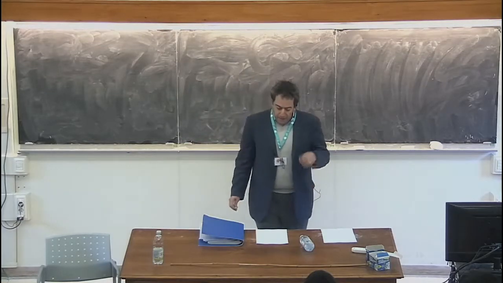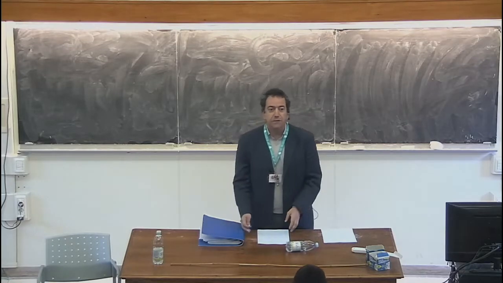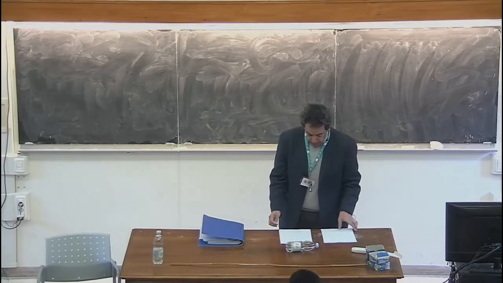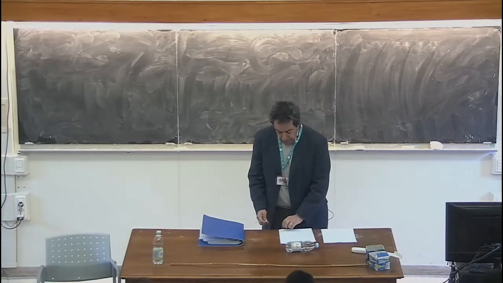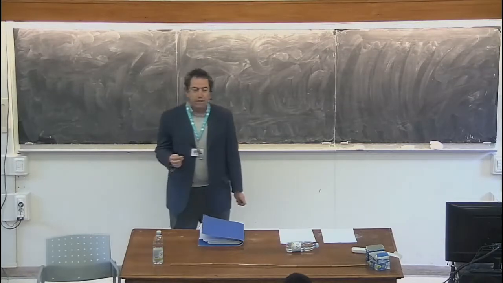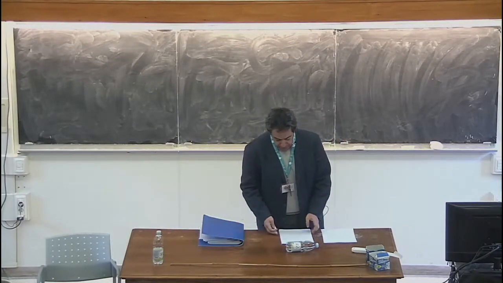Right, so let's recall the main things we have learned last time. Last time we defined the mathematical background for introducing pure supergravity. First of all, we want to define supergravity as the gauge theory of a super Poincaré group.